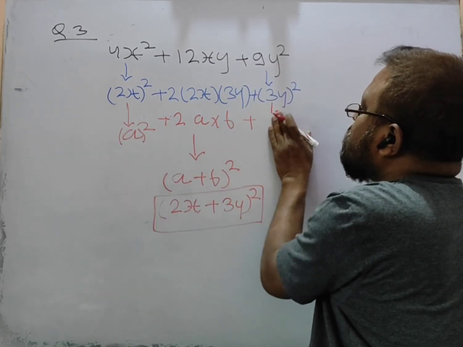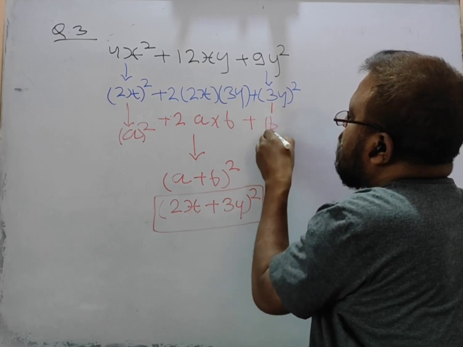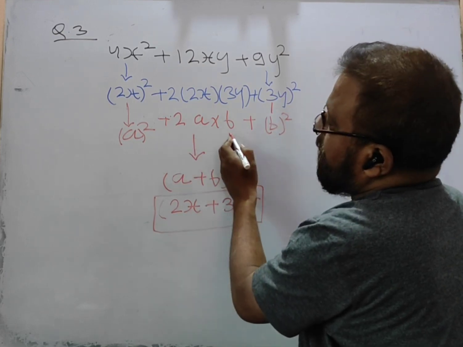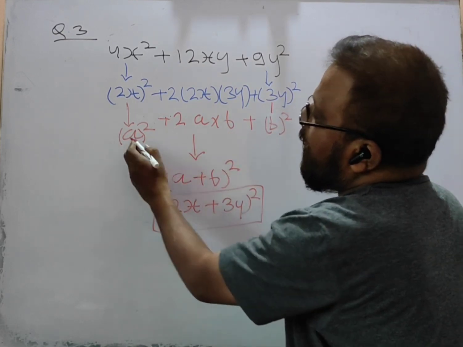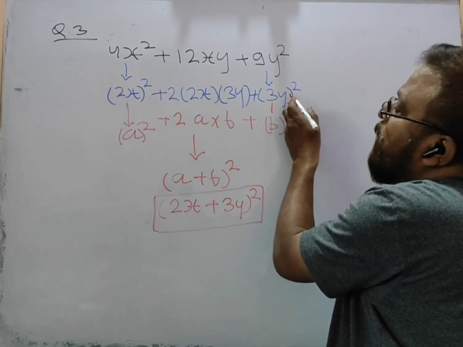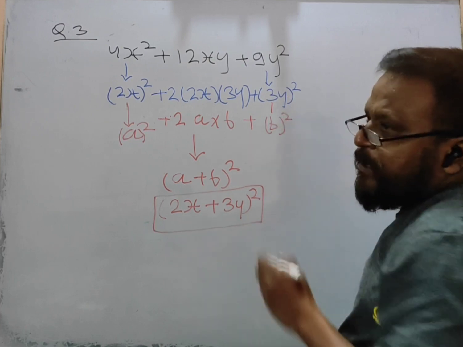This is b bracket whole square, and this is 2ab, where a is 2x and b is 3y.